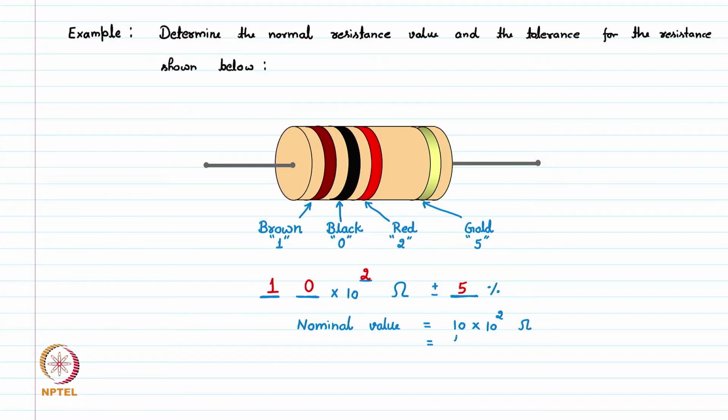This is 1000 ohm, and the tolerance is 5%.